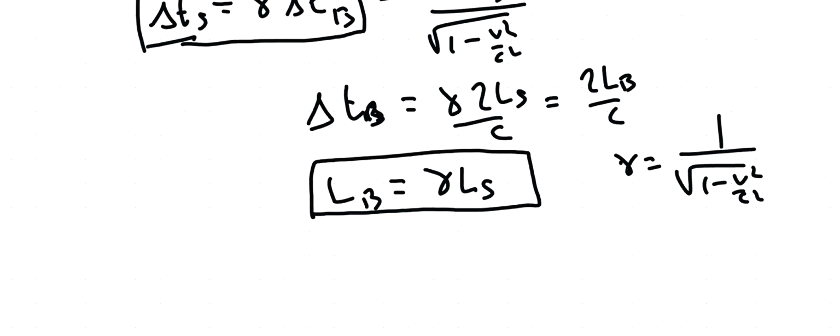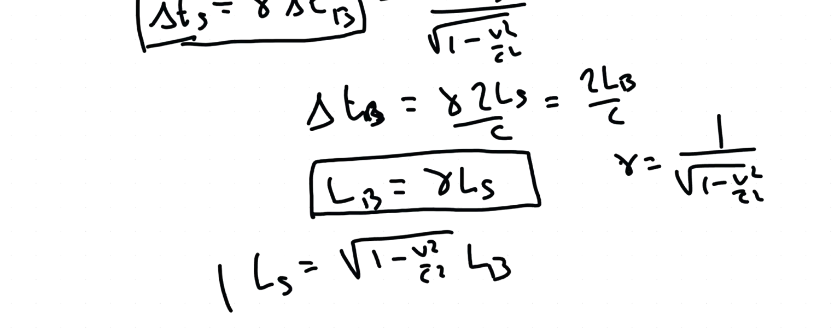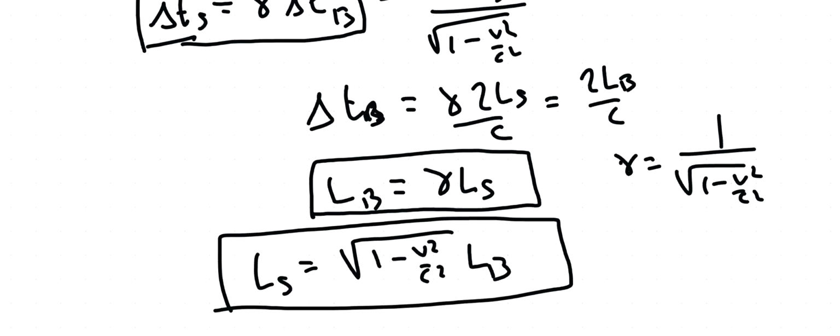To see that, it's easier if we write ls as the square root of 1 minus v squared over c squared times lb. That's the same Lorentz contraction equation. The length measured by the person on the bus, which is the inertial reference frame in which the object is stationary, is the one where v equals 0. That's the maximum this length can be.